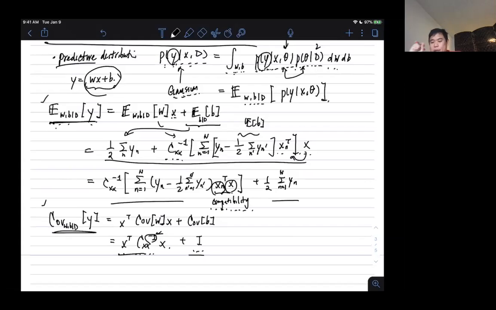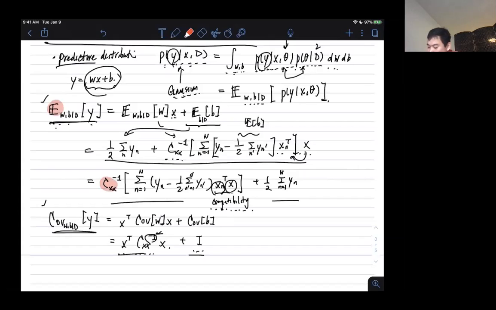That's why we now know how to compute this expectation and covariance and tell people that our predictive distribution is Gaussian. And as we talked about, we marginalize out all possible linear regressions, because when you look here, let's see what these terms depend on. Let's look at the expectation first. The expectation depends on how much the input is spread out, that is the covariance of x, or the centered covariance of x.